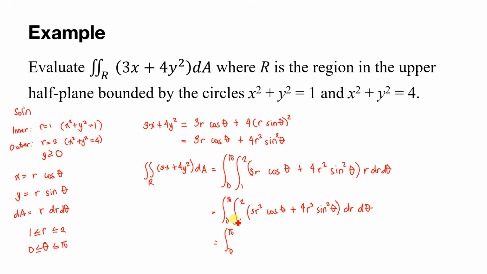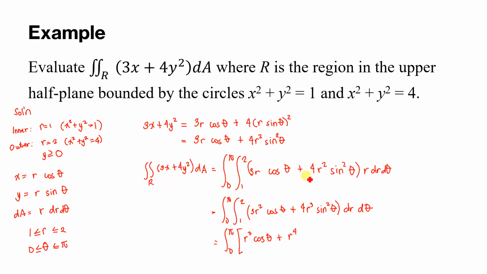Since it's with respect to r, the cosine theta and the sine squared theta would be constants. So the integral of 3r squared would be equal to r cubed cosine theta, plus r raised to 4, because 3 plus 1 is 4, and then the denominator is 4, so divide out the 4.